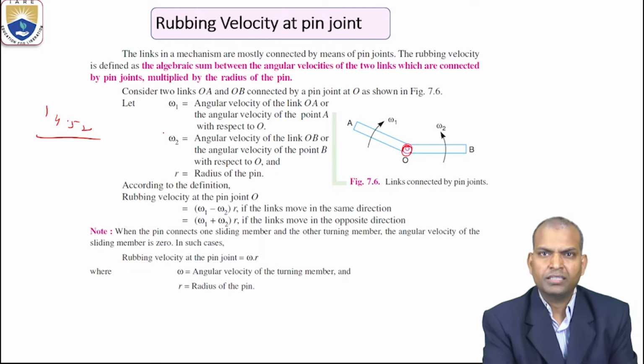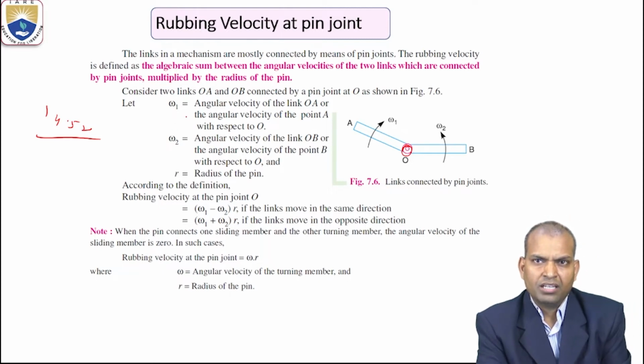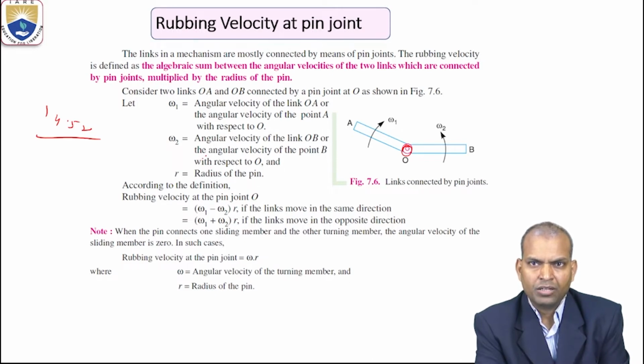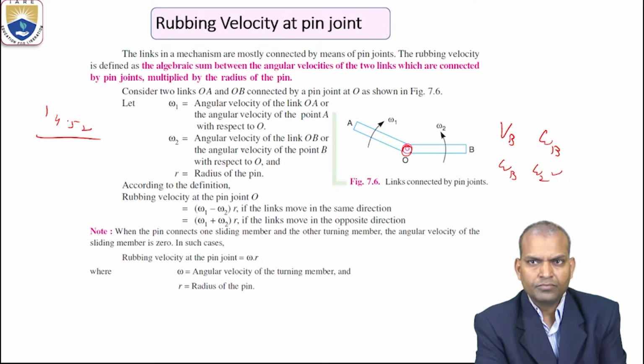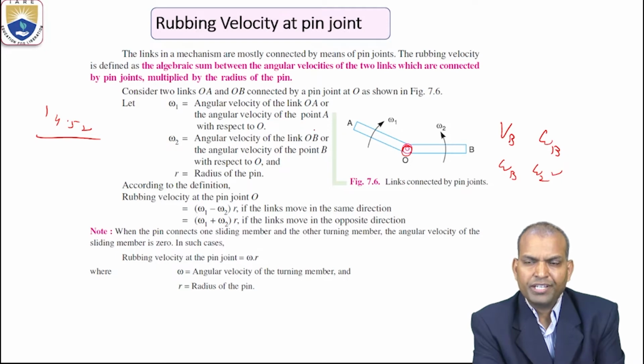Link OA has angular velocity omega 1 and is rotating with respect to the pin O, and omega 2 is the angular velocity of link OB, or the angular velocity of the point B with respect to O. That is the absolute velocity, and the absolute angular velocity omega B is denoted by omega 2 here. The radius R is the radius of the pin.